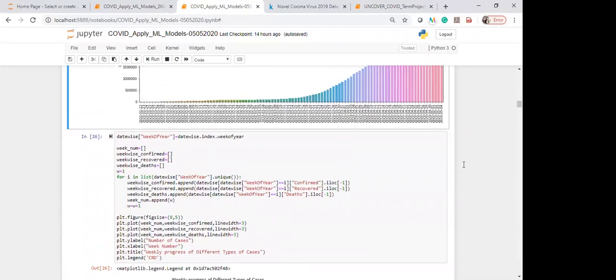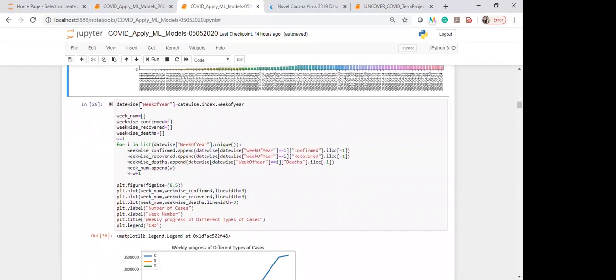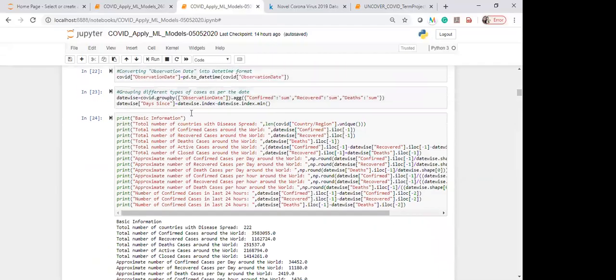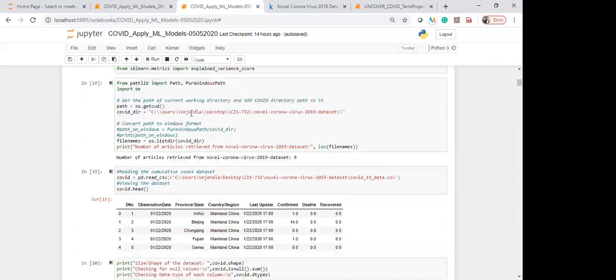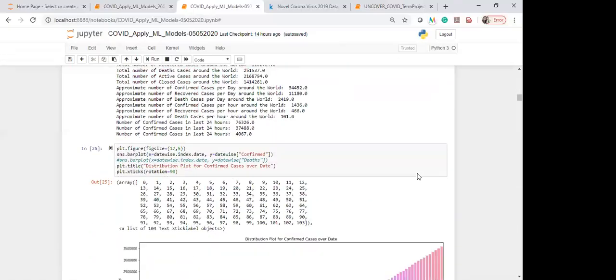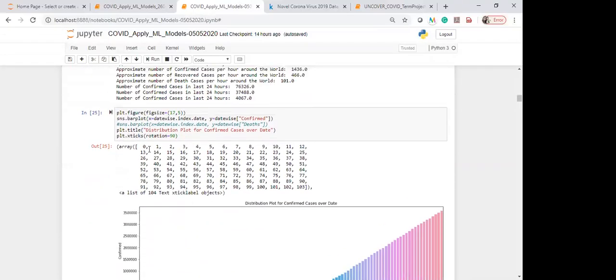And then I've grouped this data set, as we can see. This data set has 21K rows with 8 features, and I wanted to group this data set date-wise.